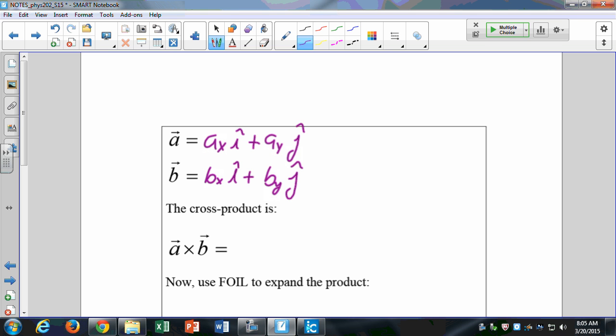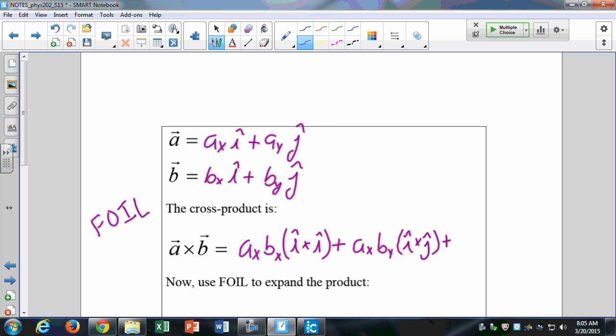Sort of, kind of? All right, so for the cross product, if I just do FOIL for these two, remember FOIL: first, outer, inner, last. First is A_x B_x, i cross i, plus the outer is A_x B_y, i cross j.